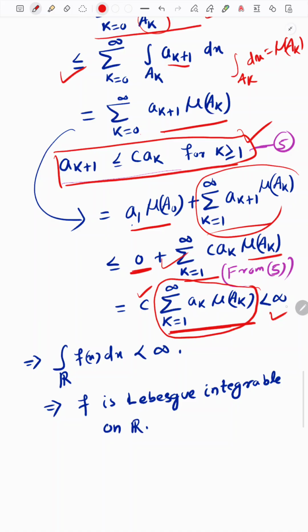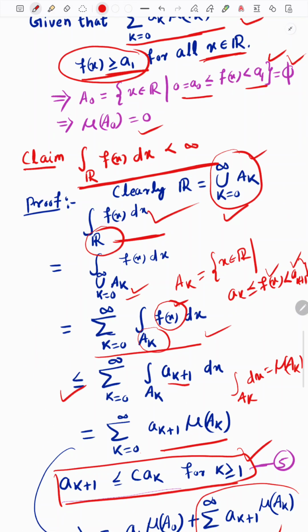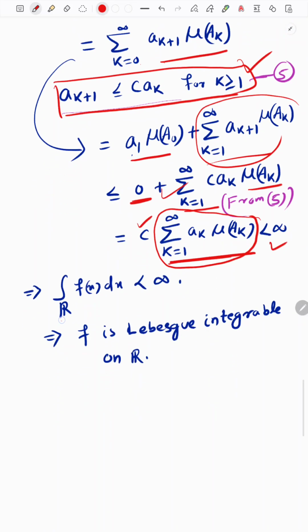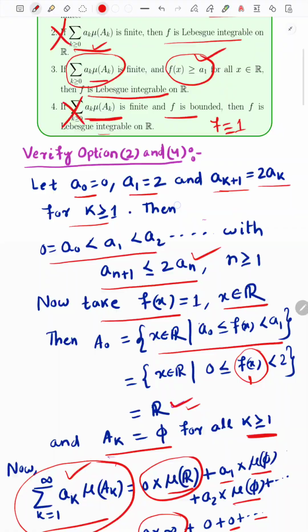So this is a finite quantity, but we started from the integration value and reached that this integration value is dominated by some finite real number. Okay, this implies this quantity is a finite quantity. This implies what? f is Lebesgue integrable, so it is true. So option 3 is true.